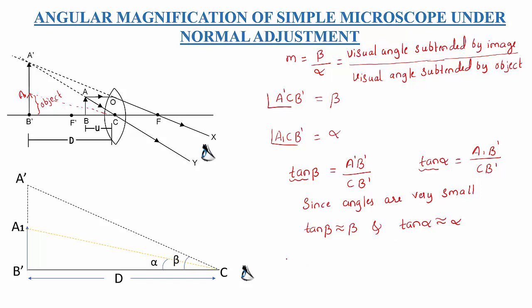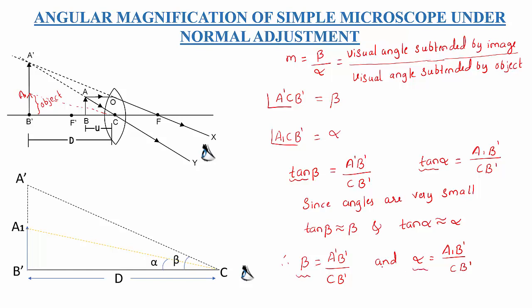So the above equations can be written as beta equal to A dash B dash divided by CB dash and alpha equal to A1 B dash divided by CB dash. Right? Now we got beta and alpha values.